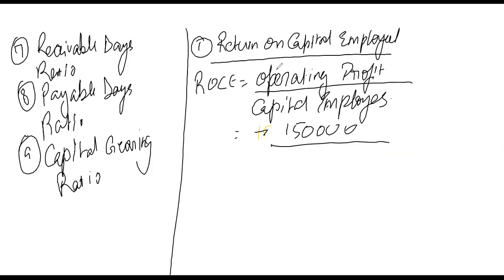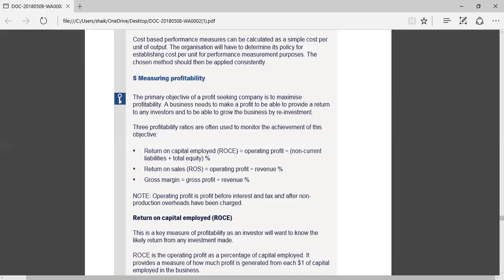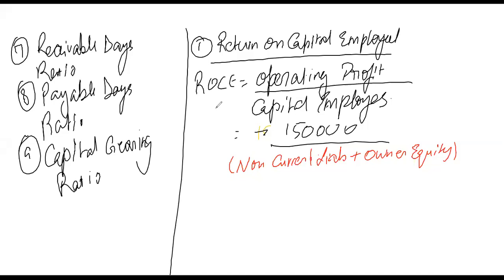Sir, what is the formula of calculating the capital employed? Let me write this formula over here. We can calculate the capital employed by using non-current liabilities plus owner equity. Non-current liabilities plus owner equity is the formula for calculating the capital employed. Let me find out the return on capital employed, or ROCE.